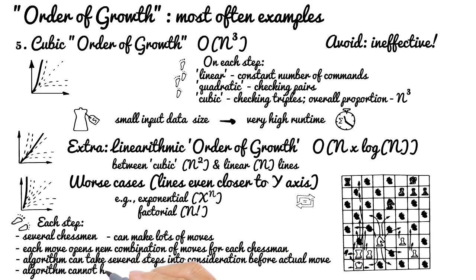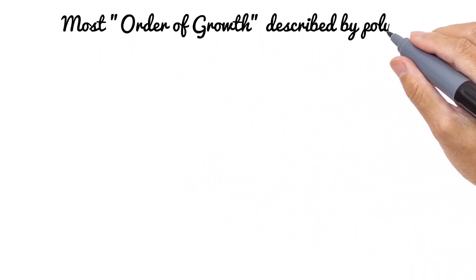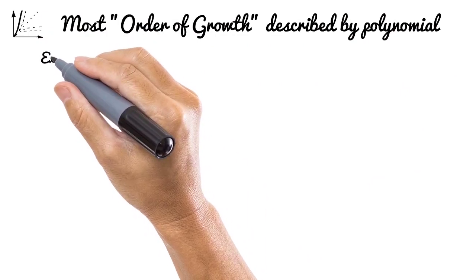And the algorithm cannot have a predefined number of moves on each step to squeeze within linear, quadratic or cubic scenarios using a brute force approach. Therefore, there will be way more steps and consequently extremely high runtime. Most of our order of growth classifications can in general be described mathematically by a so-called polynomial.